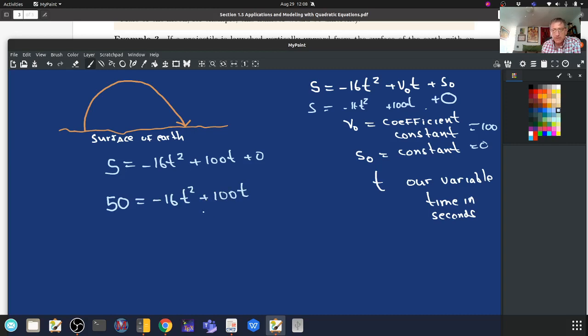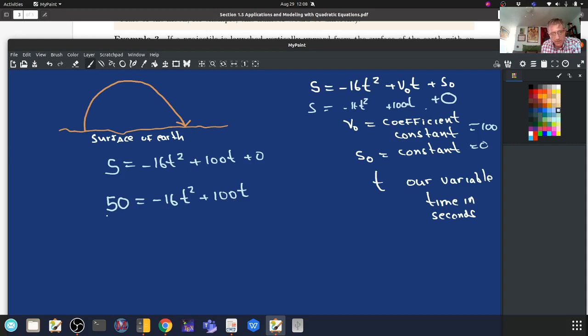Now this one actually turns out to be a much easier problem than it seems to be at first. So let's use algebra and simplify this. 16 is divisible by 4, and 100 is divisible by 4, but 50 is not evenly divisible by 4. But 50 is evenly divisible by 2, and so is 16, and so is 100.